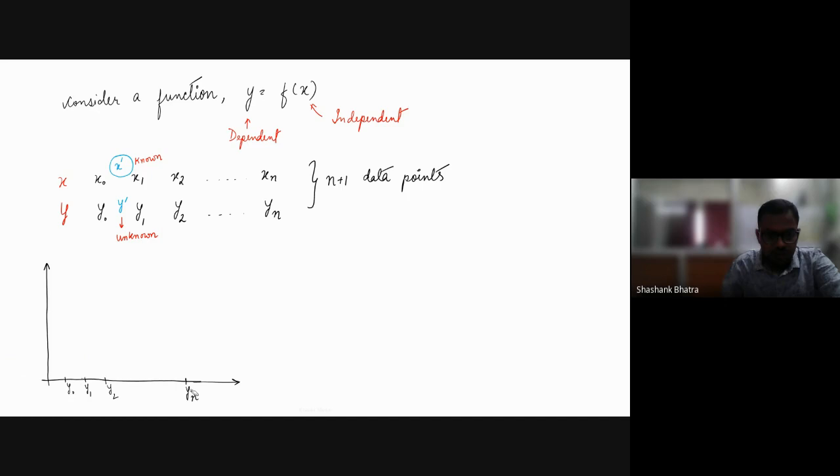Sorry, I have not marked the axes. Let it be an x-axis and let it be a y-axis, then it will be very convenient. Okay, so mark it as x0, x1, x2, and xn. For each of these values you have certain y values, and if I connect all the data points, I am obtaining somewhat this sort of a curve. And this is what?